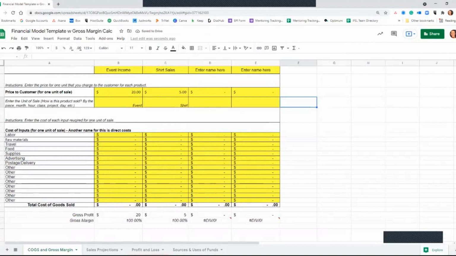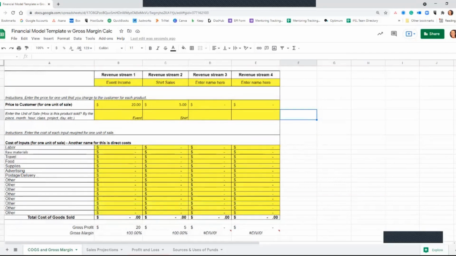And then what does it take to actually make that? Again, this is very simple. So you're going to just put in here, what does it take to make that product or to deliver that service in the case of service? So here, maybe the raw materials are $3. Actually, that would probably be higher, but anyway, you get the point. And here this is $1.